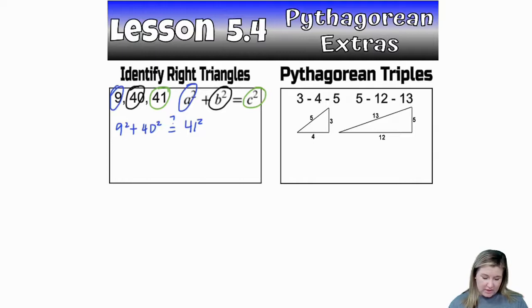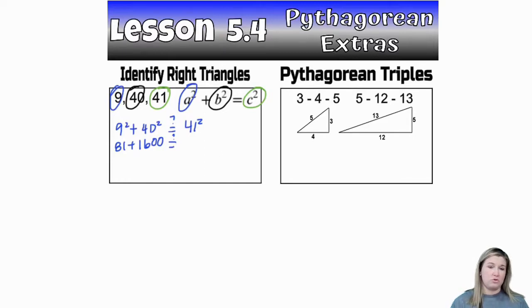So 9 squared is 81, plus 40 squared, which is 1,600. So is that equal to 41 squared?